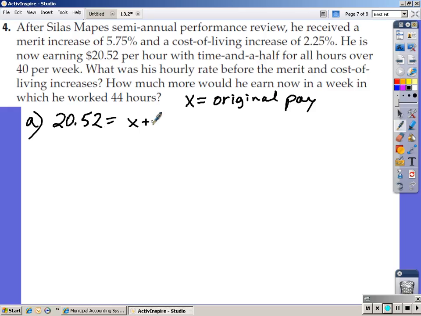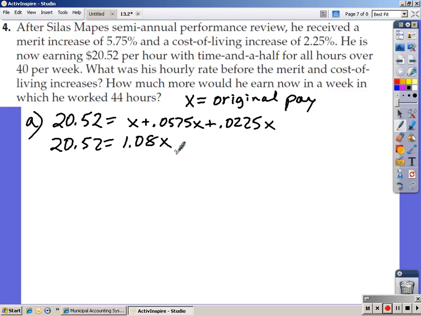We've got a merit increase of 0.0575 plus a cost of living increase of 0.0225. All right, add those up. It works out to be 1.08x again. Divide both sides by 1.08. And we get $19 equals X.